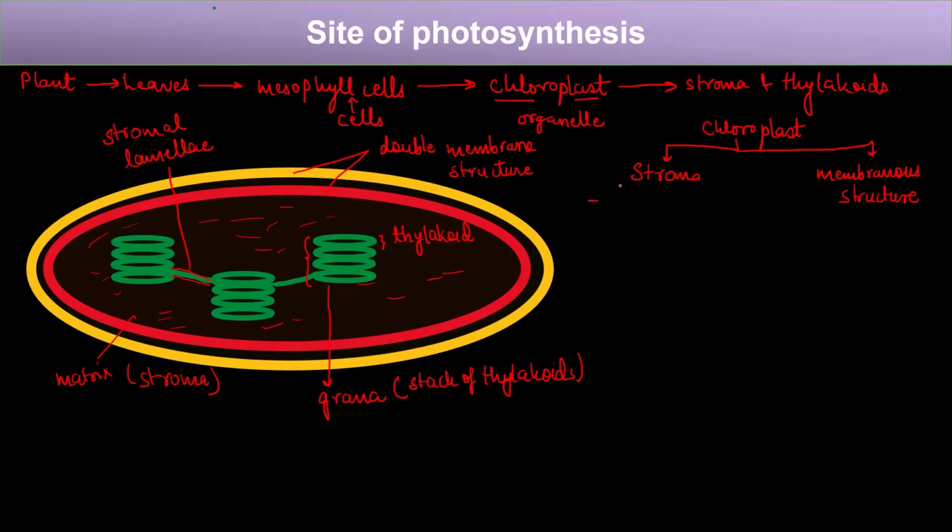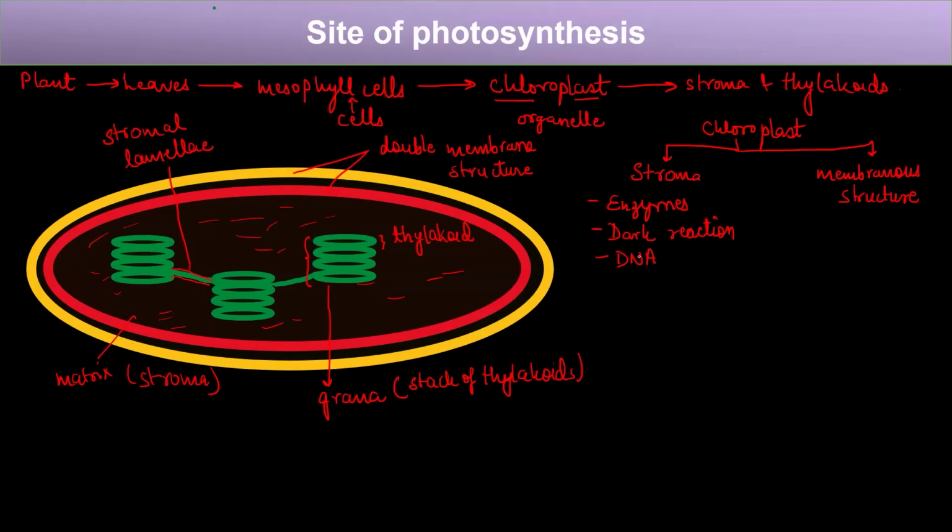So in the stroma, we have different enzymes that we'll see in upcoming slides. Then in the stroma, a reaction of photosynthesis known as the dark reaction takes place. Apart from this, the stroma has DNA, because in the cell chapter, we studied that chloroplast and mitochondria are the two organelles that have their own DNA along with the nuclear DNA.